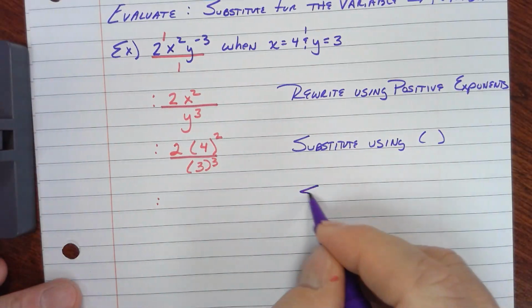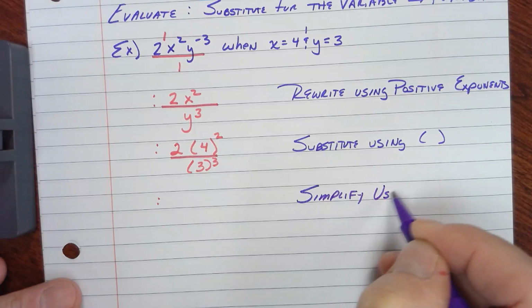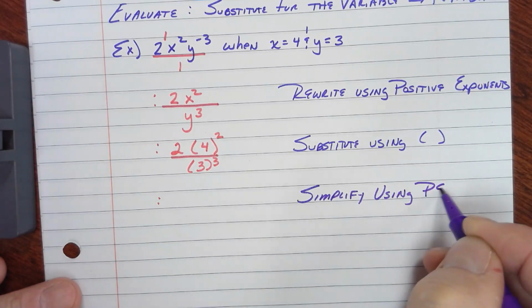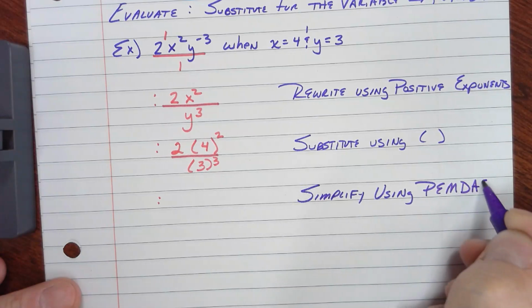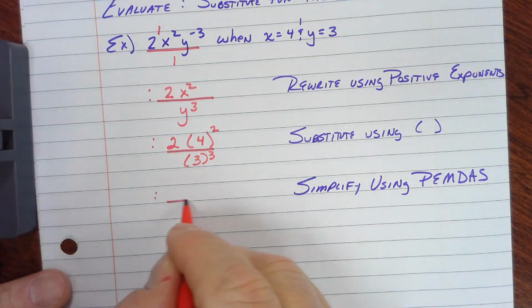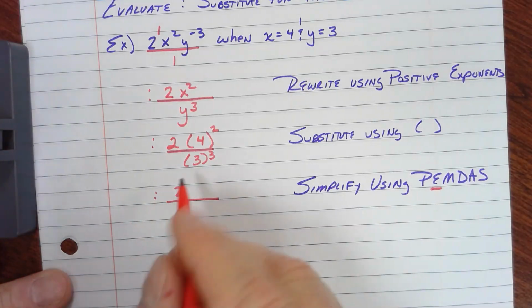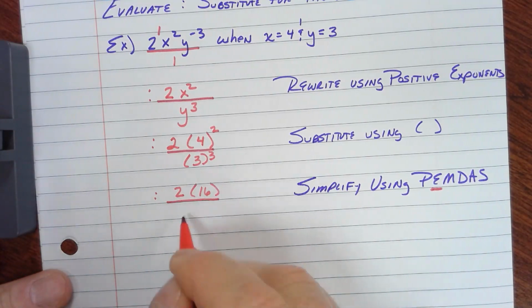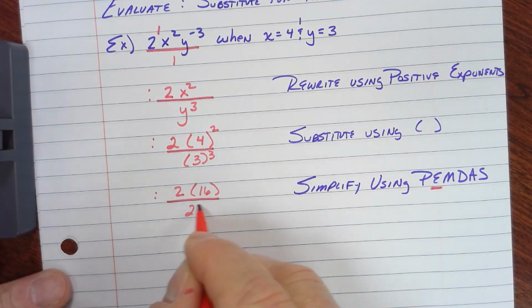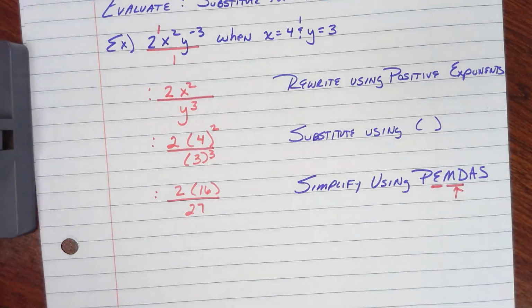I am going to simplify using PEMDAS now. There's nothing inside those parentheses I can do. There are some exponents. I start with those. 4 squared is 16. 3 cubed is 27. And after that, I'm going to do the multiplication and division.